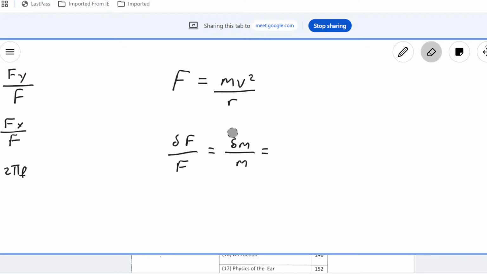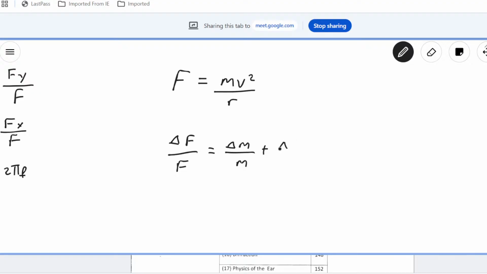That's the capital delta. These things are Greek letters. Okay, that makes sense.